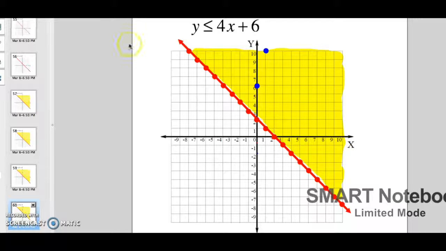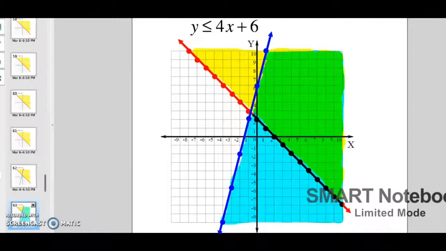But then I reverse it by going down 4 to the left 1 till I reach the end of my graph. Again, it is an equal to statement, so it is a solid line. It is a less than, so I shade everything below the line. And we see everything below the line. The green portion is the overlapping part, which is my solution.